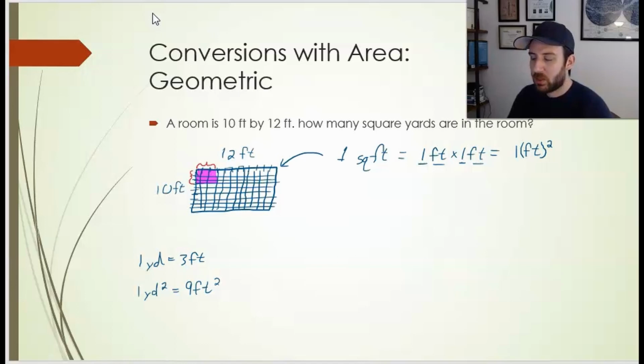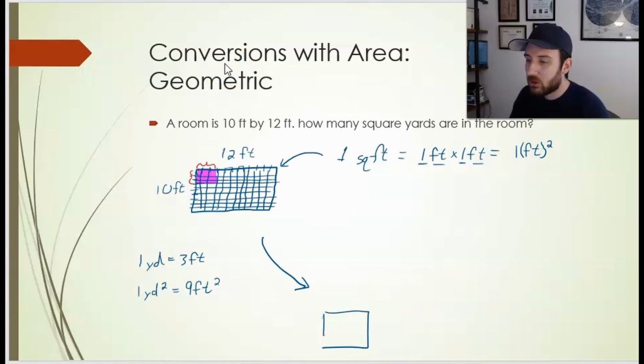Well, I think we've found a pattern that helps us do this math. What we've done is we have literally taken these things and multiplied them. So the 3 feet had to get multiplied by another 3 feet to create 9 square feet, because those were the dimensions. Let's do a little model over here.